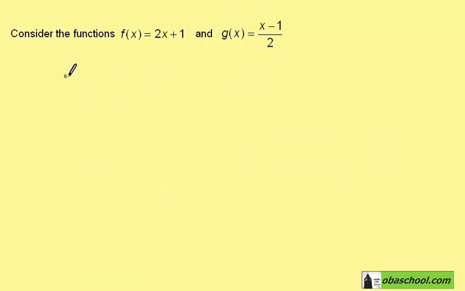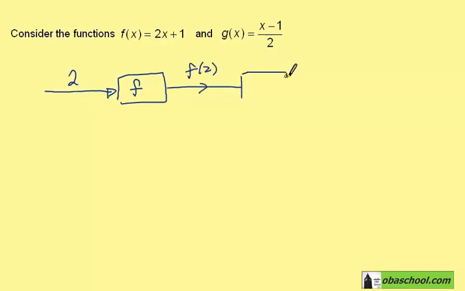If we have any number at all, say 2, and we input it into a function, and the output from this is then input into the inverse function, we get the original number back.